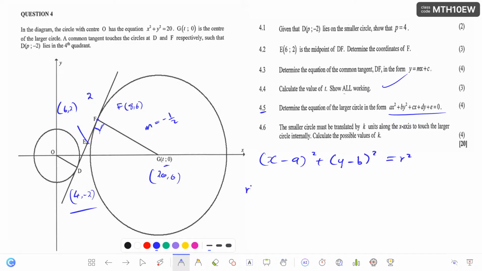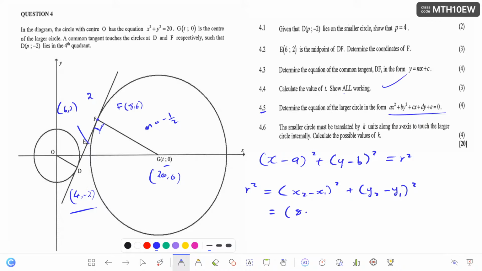So calculating r squared, the distance, is the same as x2 minus x1 squared plus what? y2 minus y1 squared. So this thing is the same as what?